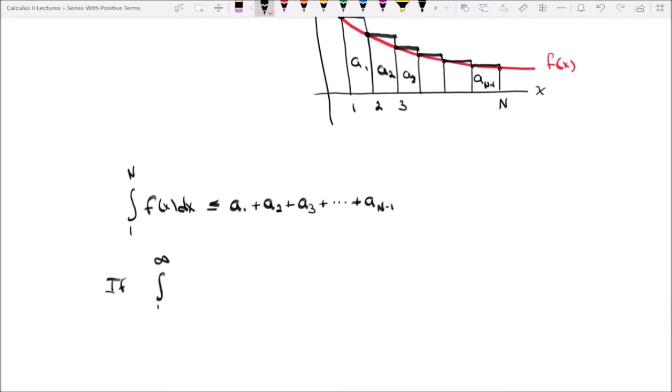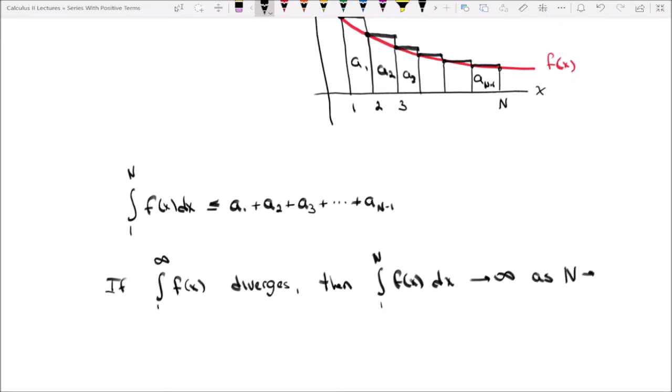If this integral diverges, then this integral will approach infinity as n does.